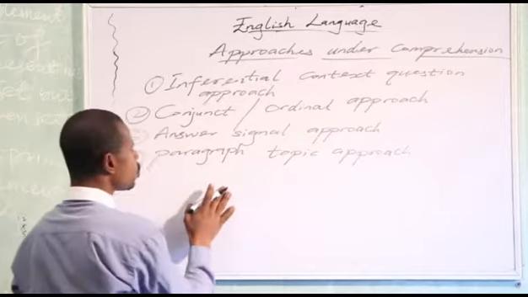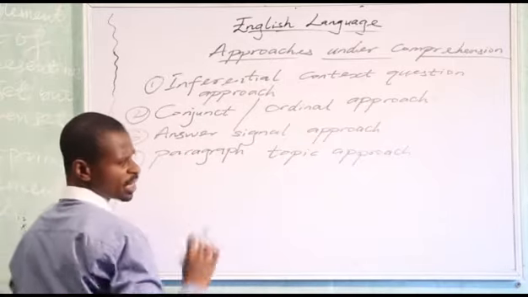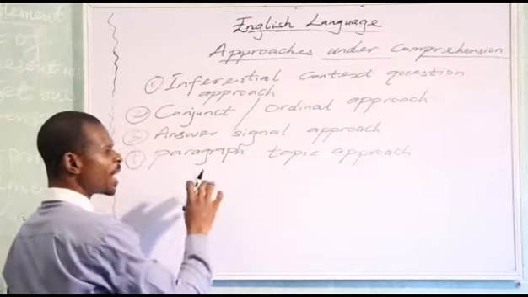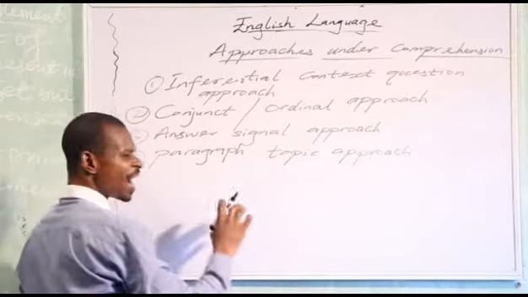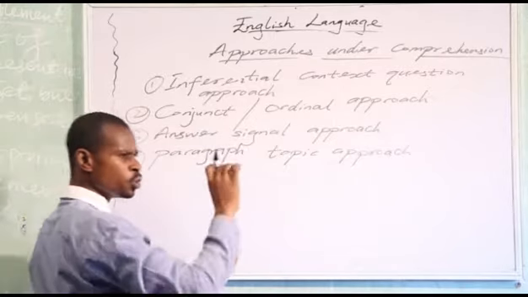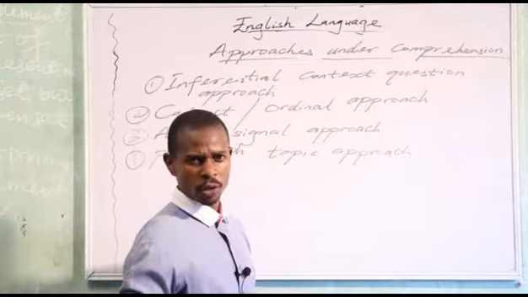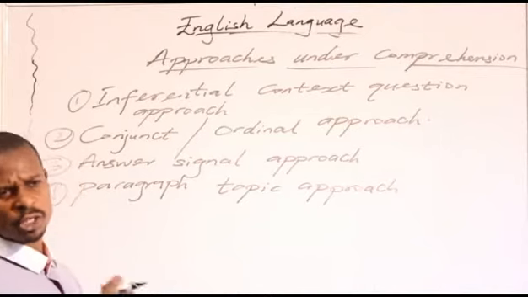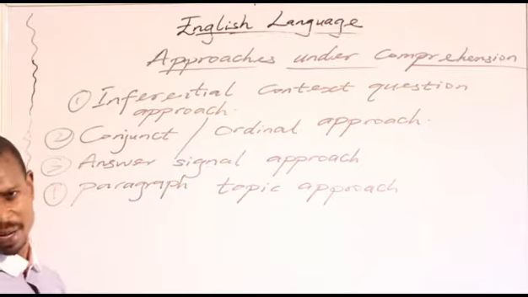Then the majority of comprehension passages normally have paragraphs, and each paragraph has its own fact. So a good reader must be able to note the fact in each paragraph. They can ask you questions in any paragraph.